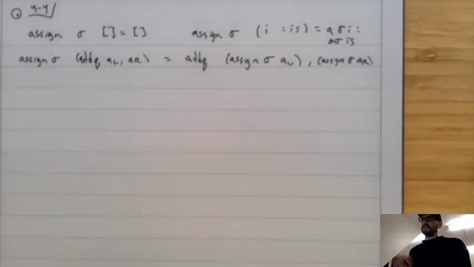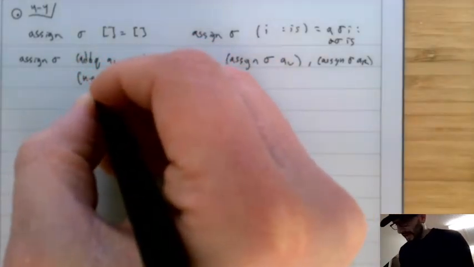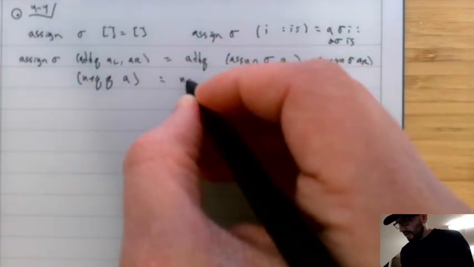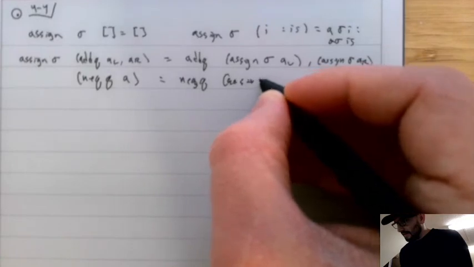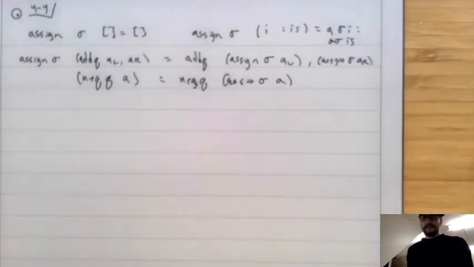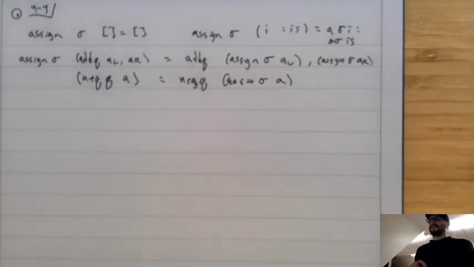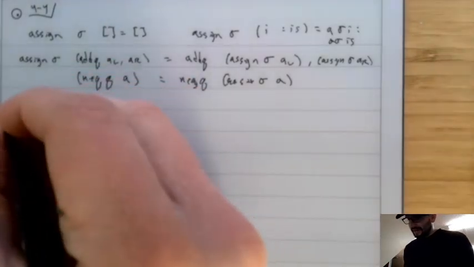So it just walks across that too. It walks across all of them. So if we were given a negq of an argument, then we're going to do negq of assign row of that argument. It just walks across everything. Its whole job is to get down to the variables.